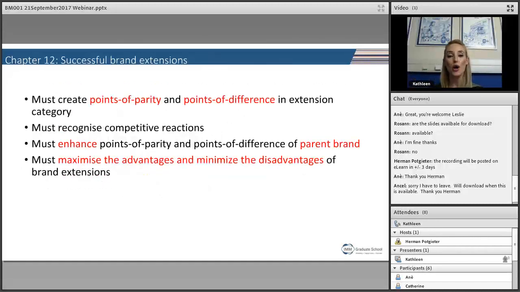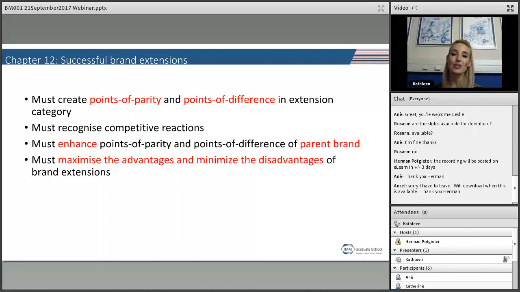We would also hope that the extension is in some way consistent with the original brand, so that we don't end up with brand dilution. And we would also hope that you have strong positive associations that will transfer from the parent brand to the extension and from the extension back to the parent.